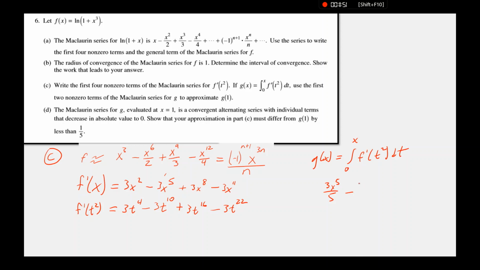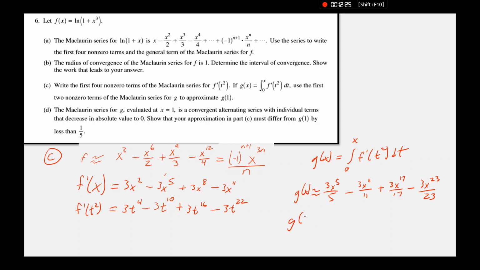Minus 3x 11th power over 11, plus 3x 17th power over 17, and minus 3x to the 23rd over 23, okay. So those are the first 4 non-zero terms of g of x.